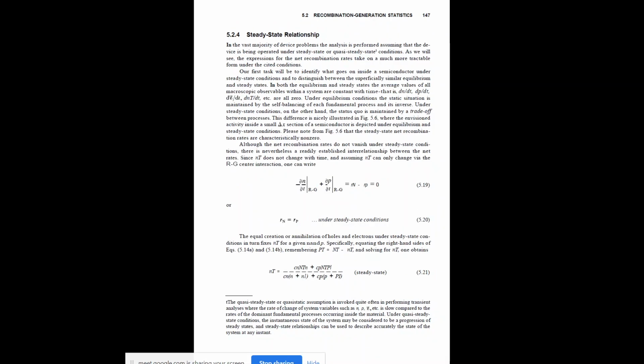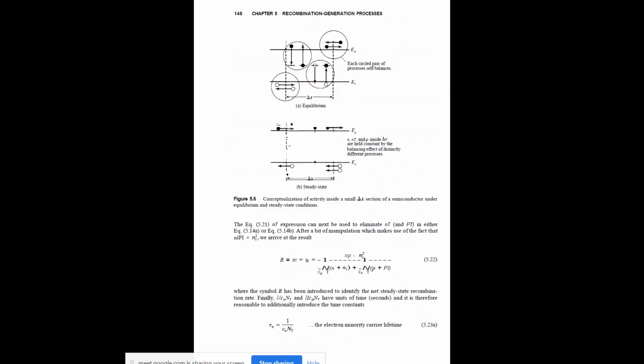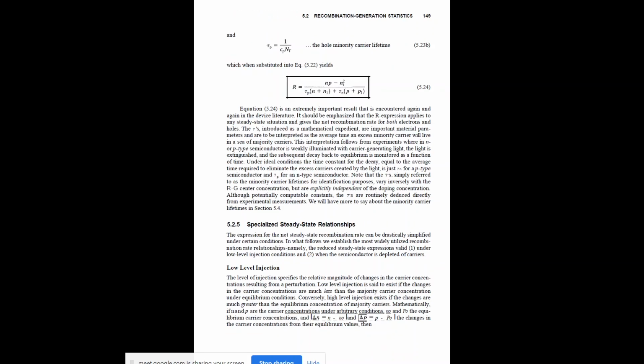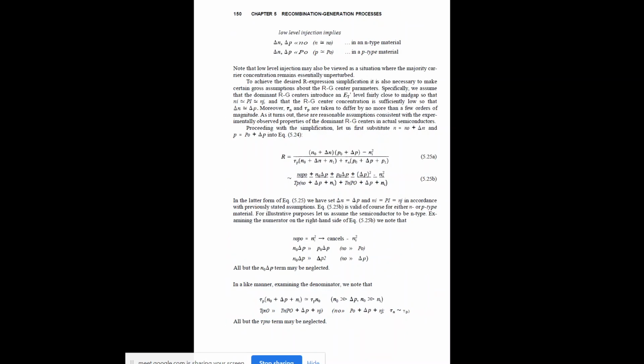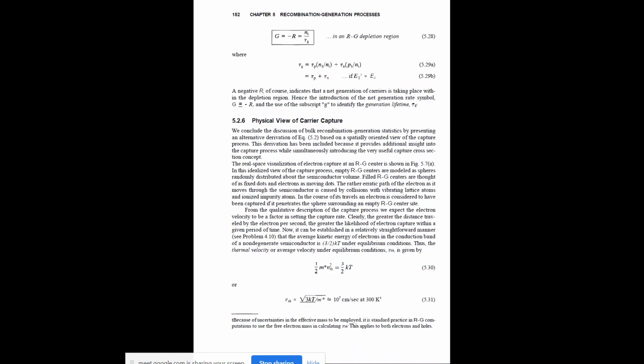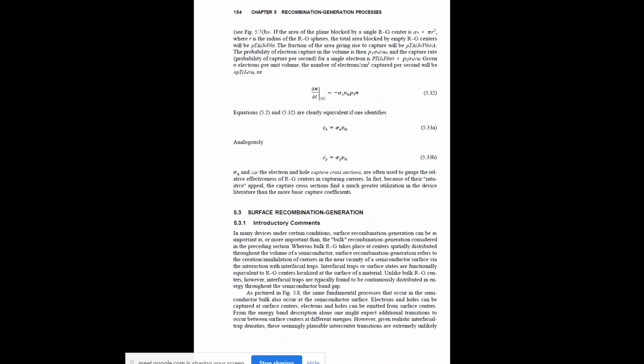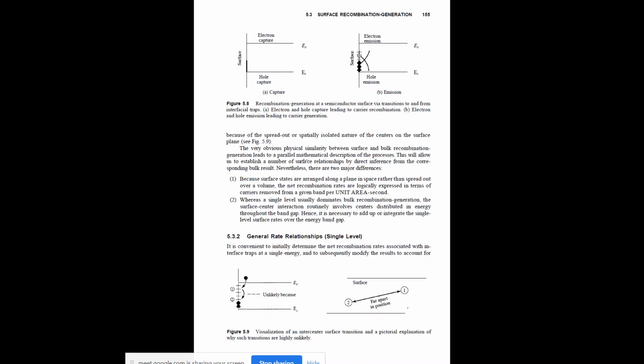Then there is this steady state relationship that I was talking about: what the steady state relationship is for n-type, what it is for p-type, and then there are some special conditions. We don't need to go through it, but then there is surface recombination generation, some introductory comments, and some general rate relationships.